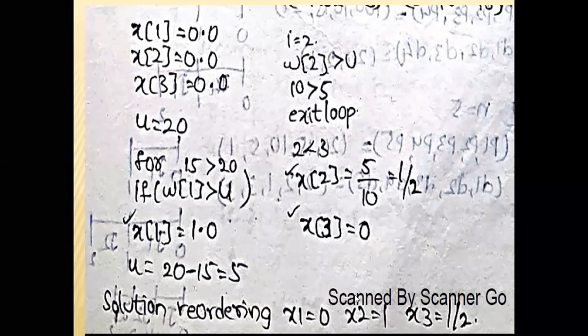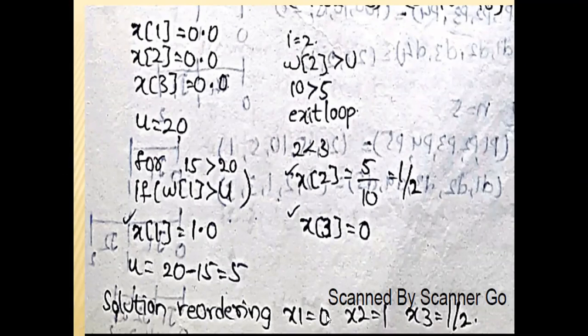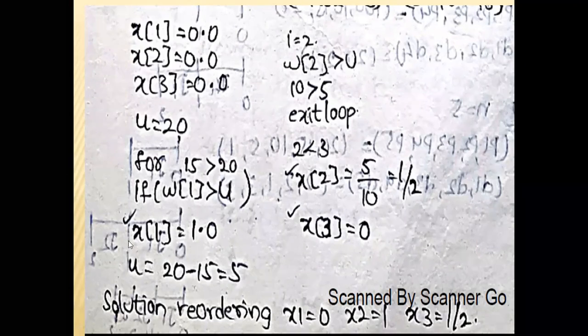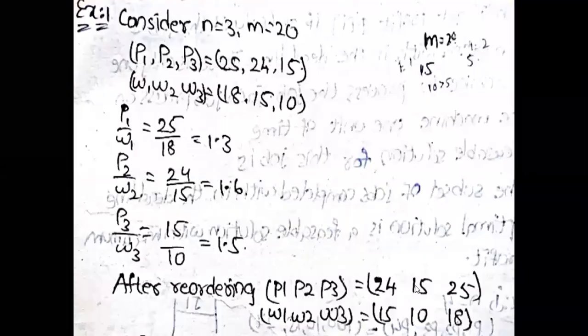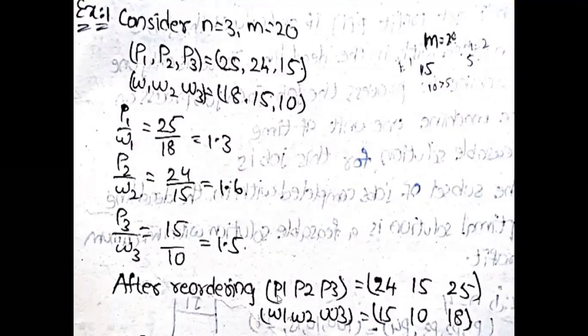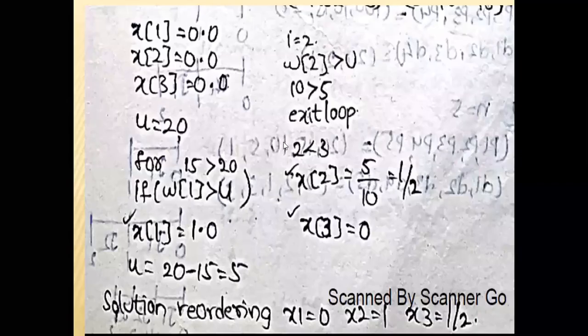Here, in the reordered solution, x1 means 1.0, which means weight 15, and p1 means 25. In our original problem, that object is in the second place, that's why x2 equal to 1.